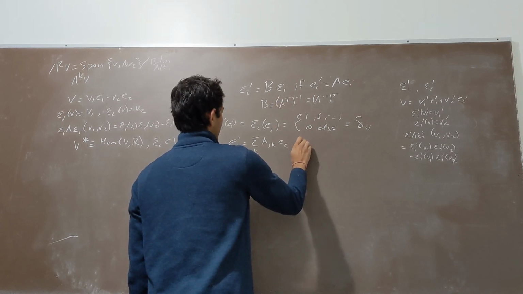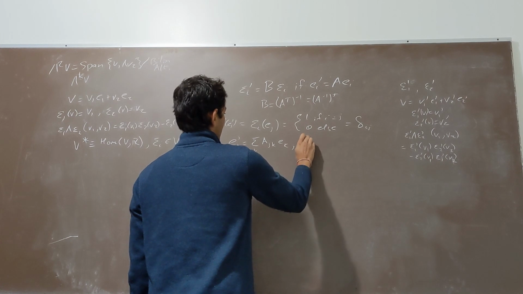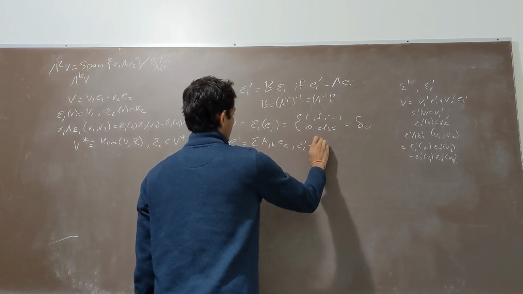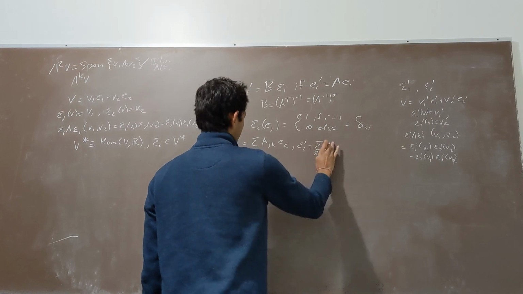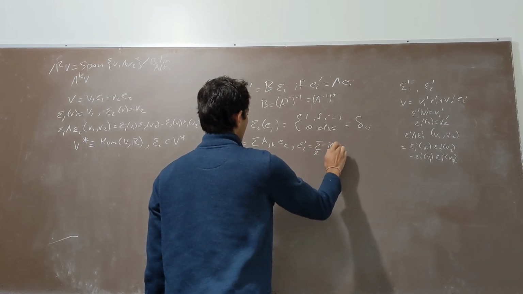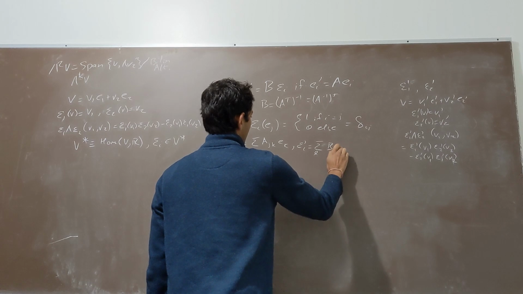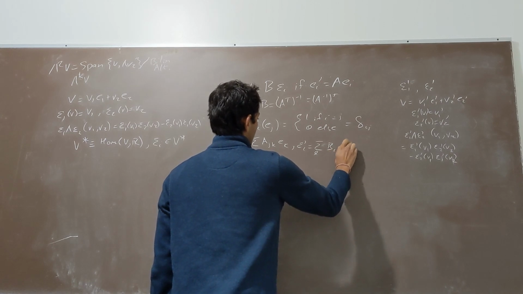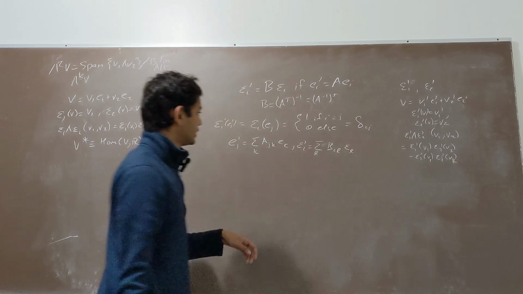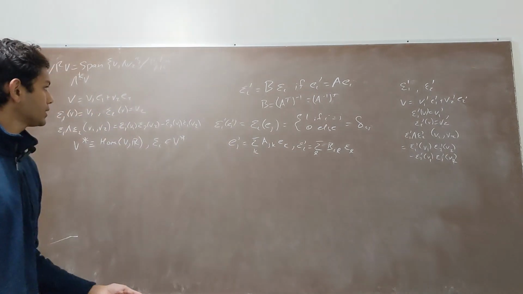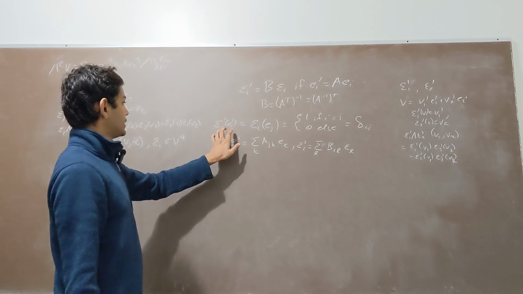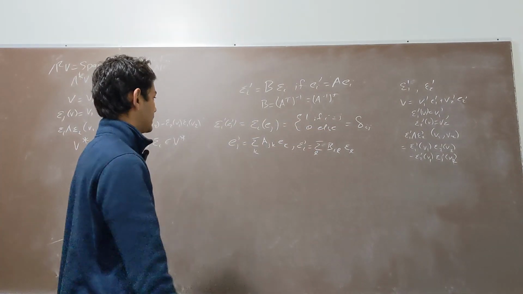So what that amounts to saying is that epsilon i prime is equal to the sum over l of b il epsilon l. And so this is just writing matrix multiplication out in terms of numbers. And let's plug that into the expression that this is equal to delta ij.